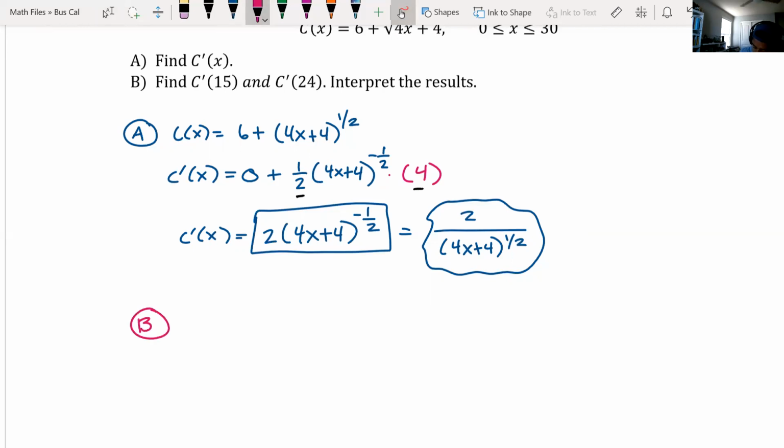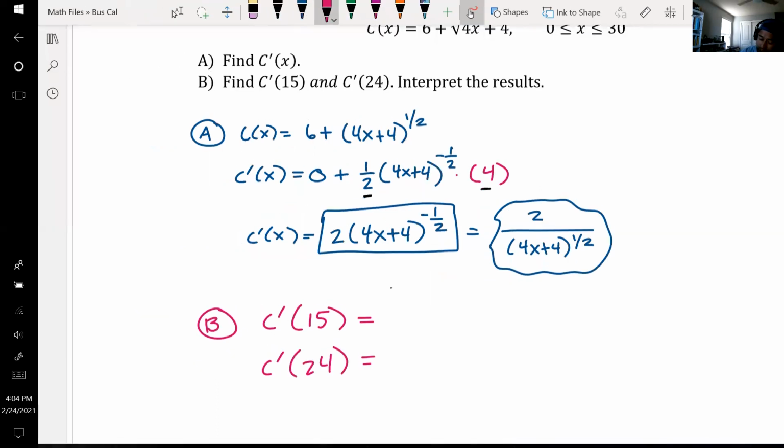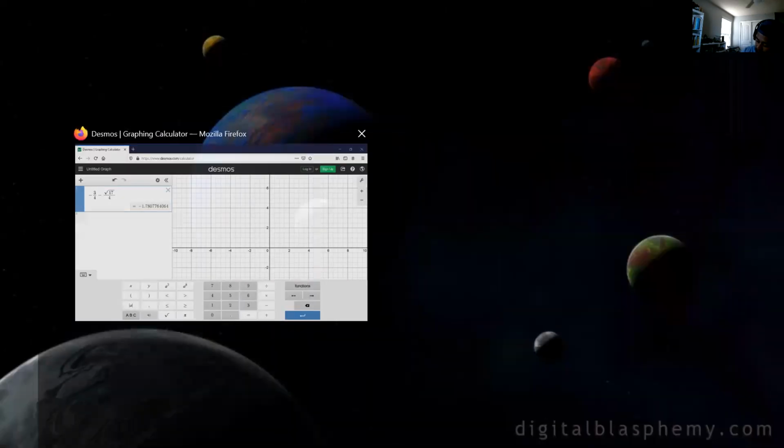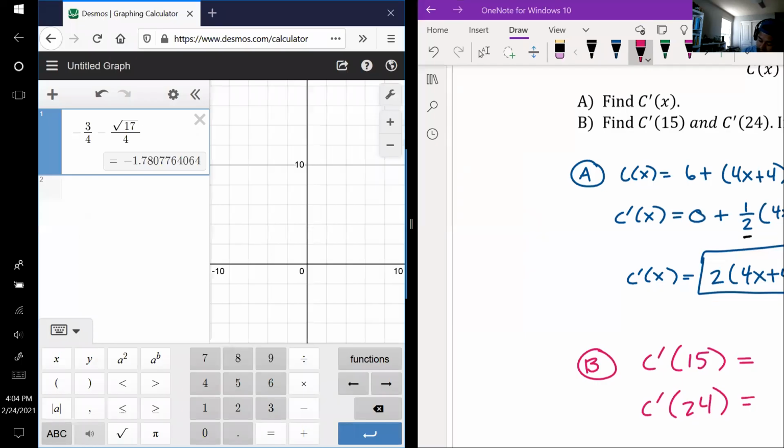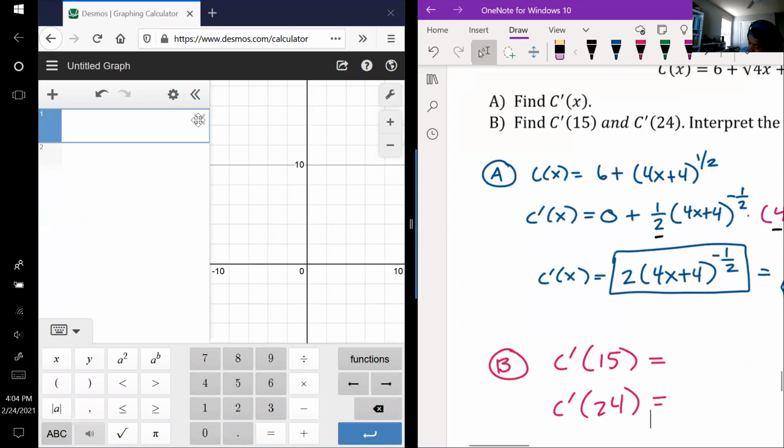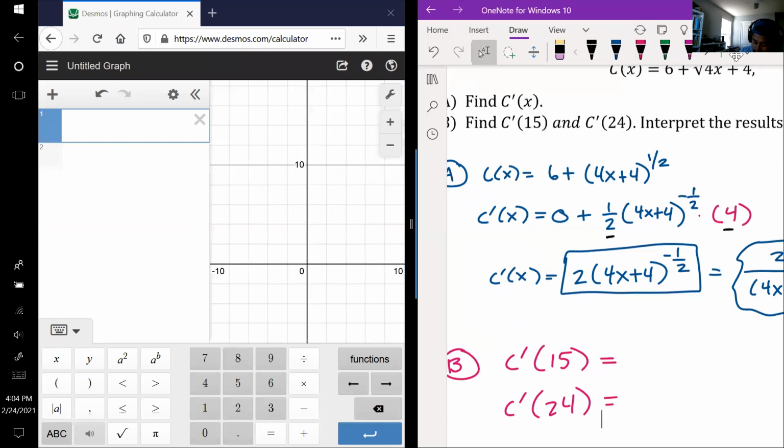So B, C prime of 15, C prime of 24, and let's use Desmos. Why not? I'm just going to type this function in: 2 times (4x plus 4) raised to the negative 1/2, so negative 0.5.